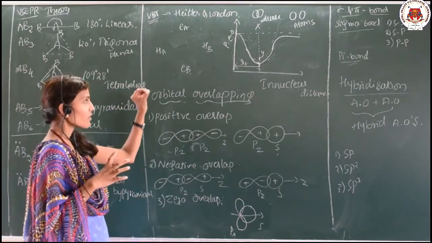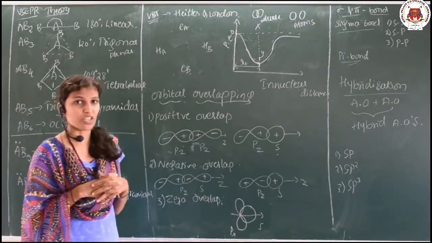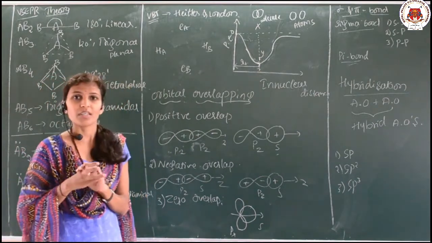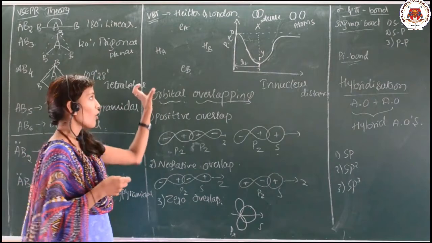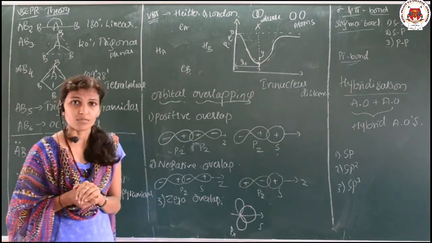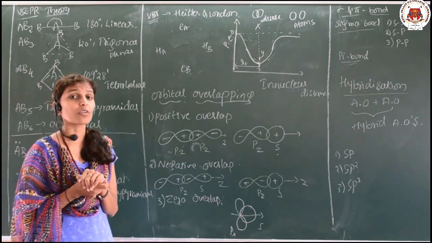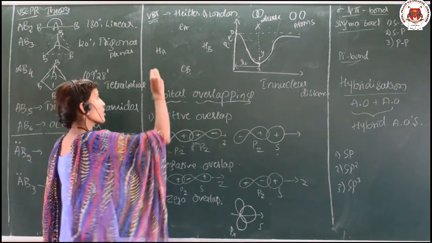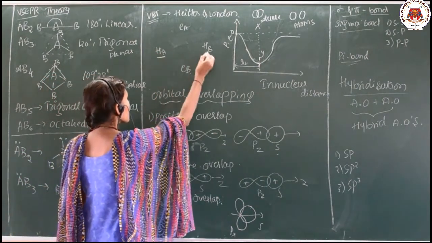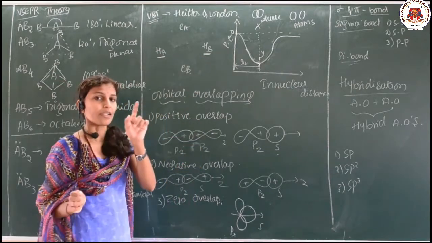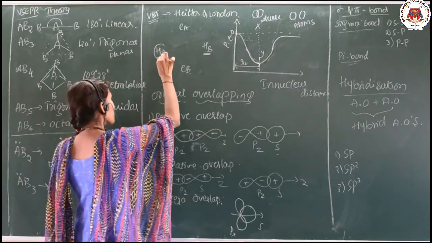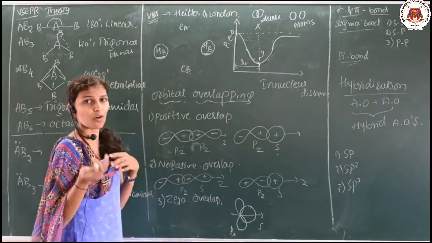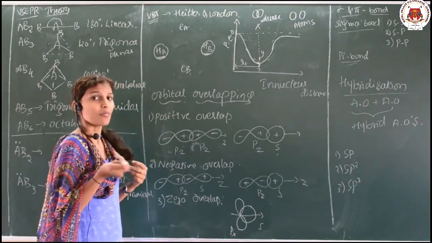Okay. So the main intention of this theory is to tell us that atoms make a chemical bond in order to get minimum energy and maximum stability. Let us take HA and HB as the two atoms which combine with each other to form the HAB molecule.